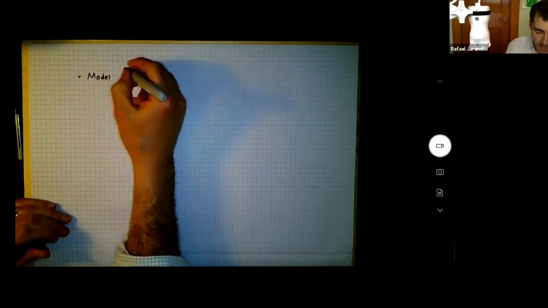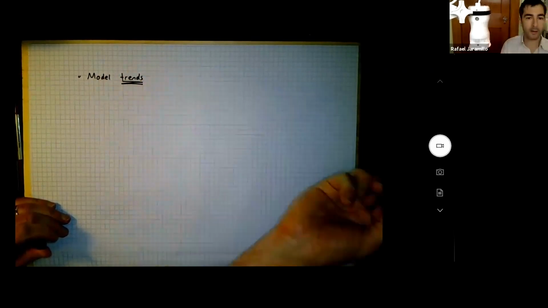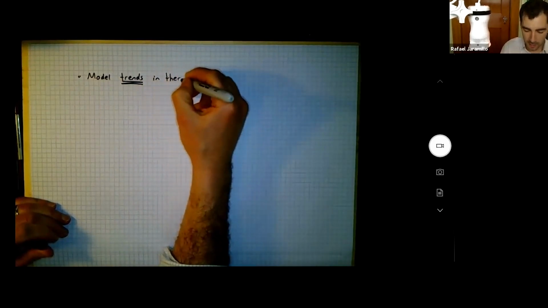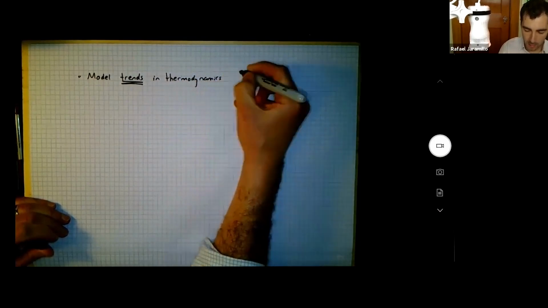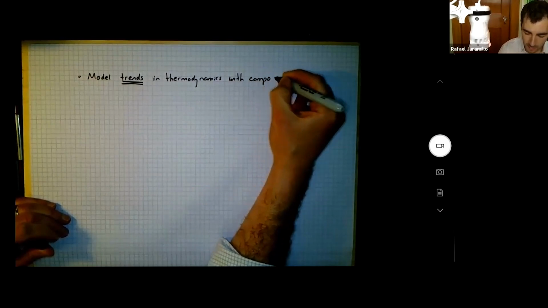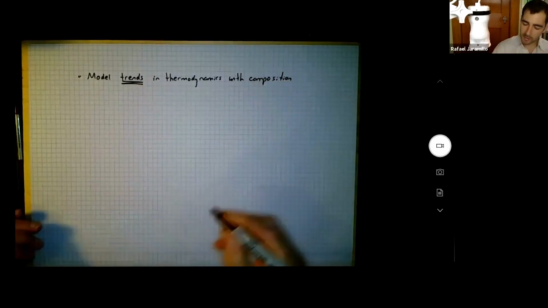We do the following. We try to model trends in thermodynamics with composition. We try to model trends, right? This is about modeling.